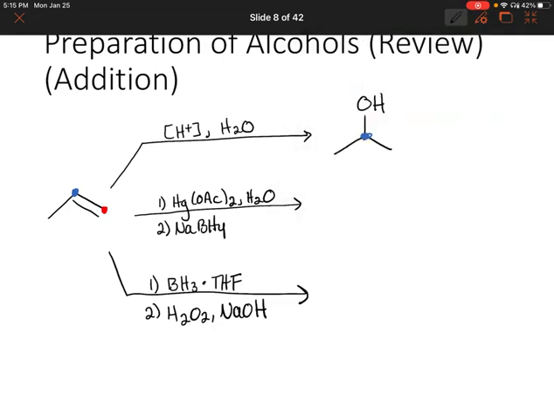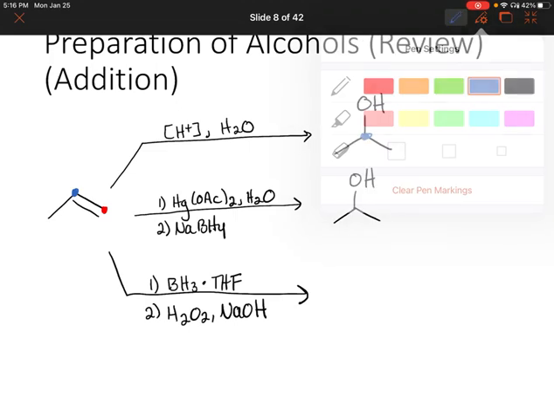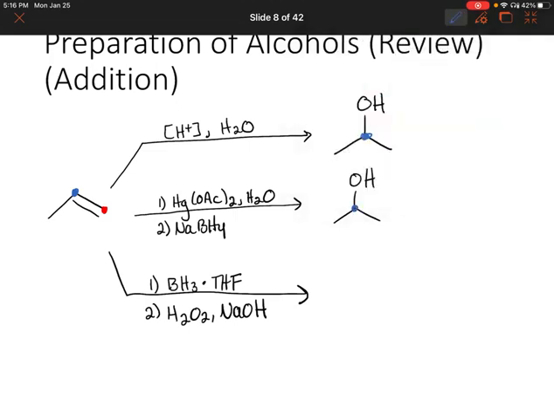What about our next reaction, oxymercuration demercuration? Would the alcohol add to the more or less substituted carbon? The more substituted carbon again. Okay, and what about our last reaction, hydroboration oxidation?